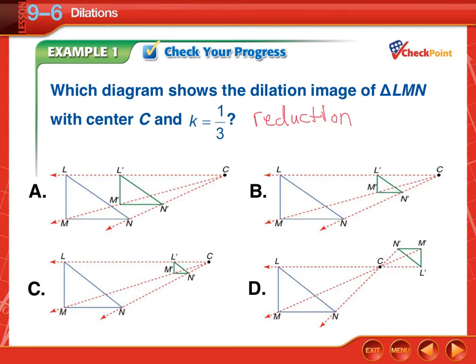So in this case, all three of these, so far so good. Now, I'm not sure at all what is being shown in D. I want you to always be looking at these rays from the center point coming out and going through all the vertices. So far, A, B, and C are in the running because they're all showing a reduction. However, which one is it? Let's take a look at location first of all.